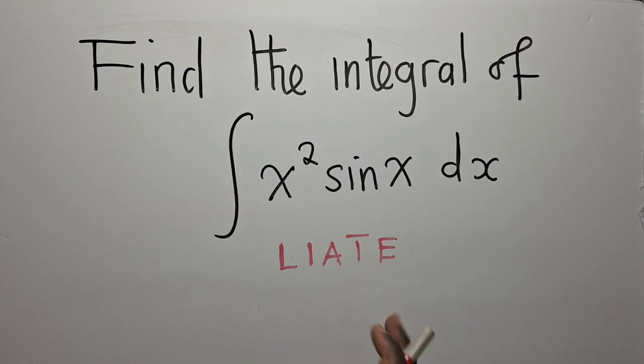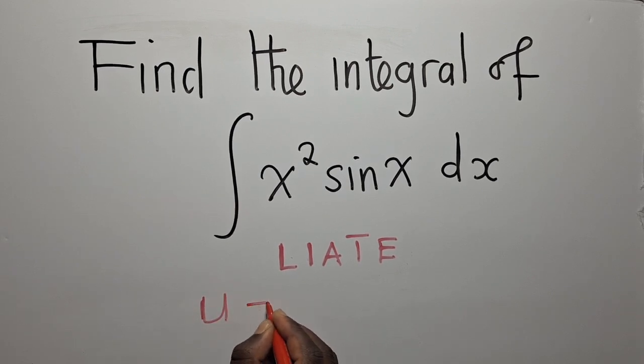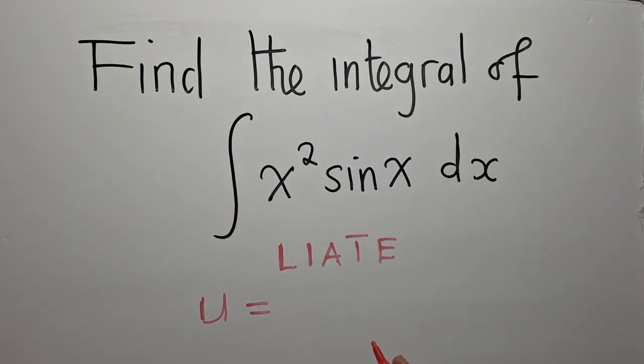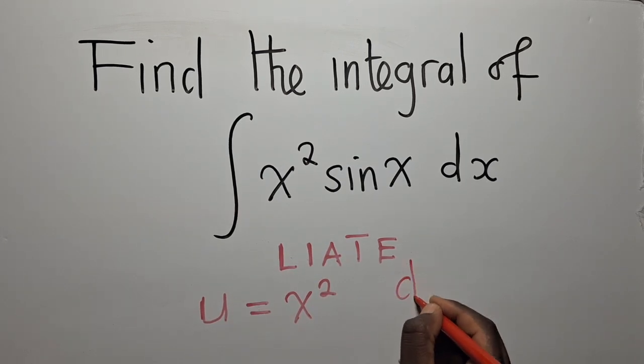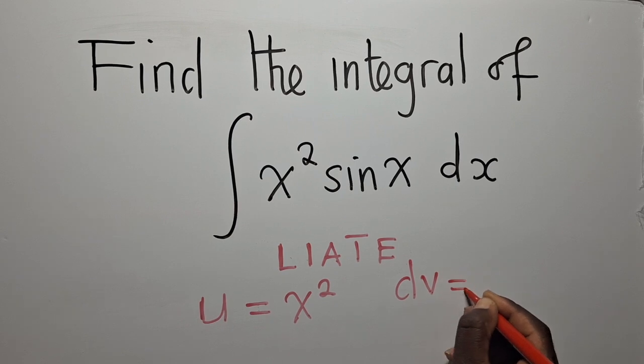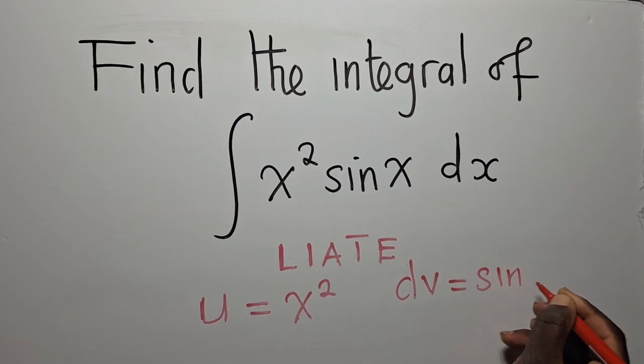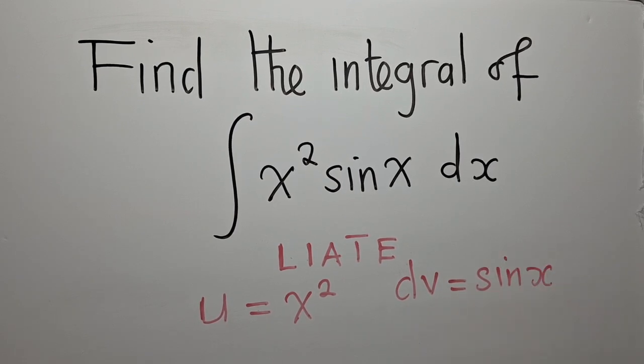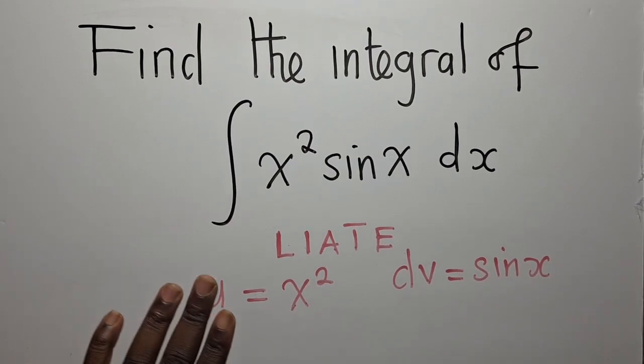We need to identify u. So u is equal to x squared, and dv will be equal to sine x. These are the two things we need in order to integrate.